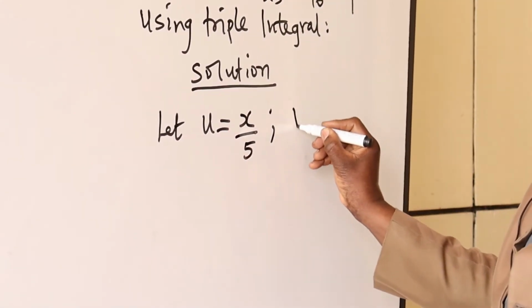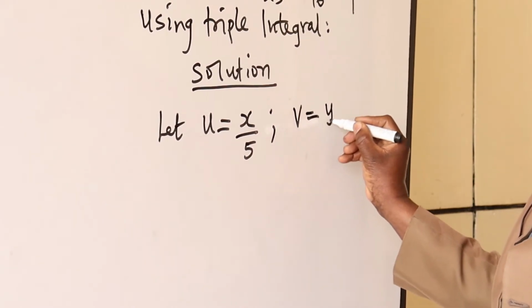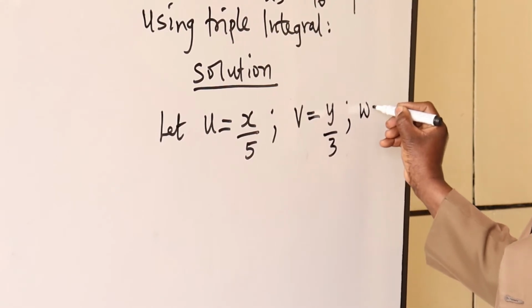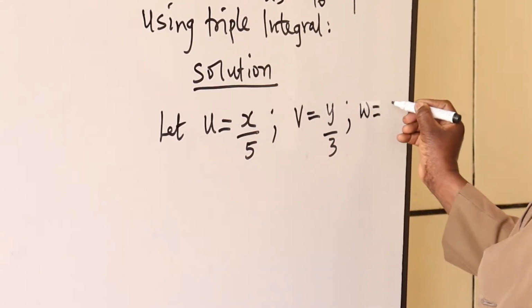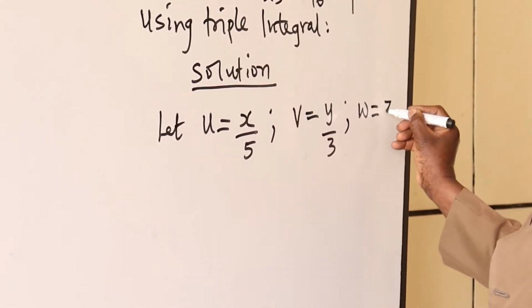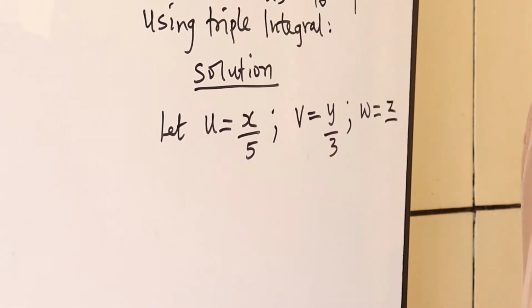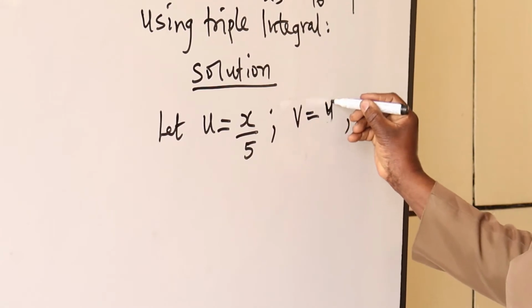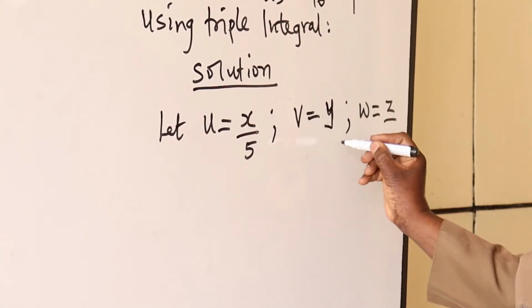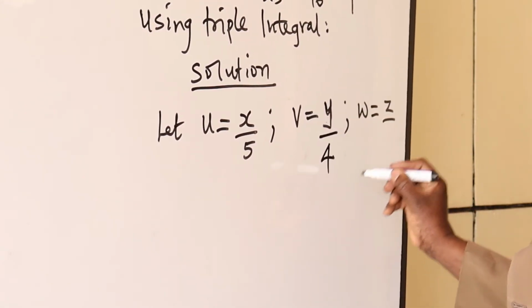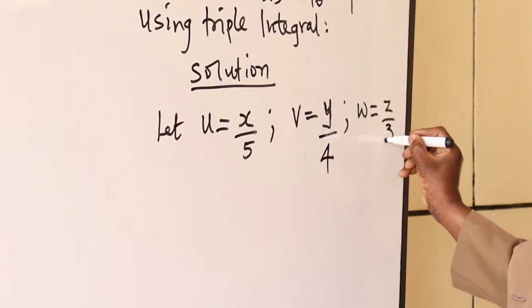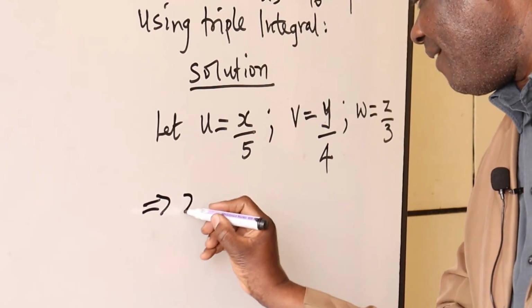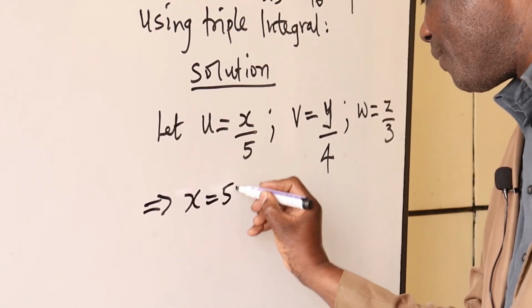Let v be equal to y all over 4. Let w be equal to z all over 3. This implies what? Our x is equal to 5u.